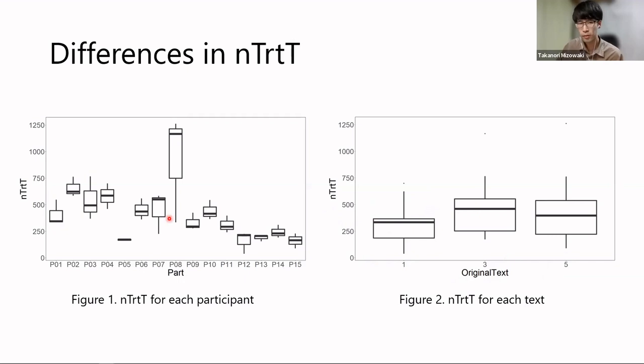Because there is considerable variation in reading time depending on the participants, and the differences among the 3 experimental texts, for example, differences in topics in each article, affect the reading time, it may be difficult to see whether the difference between the linear and nonlinear translation affects the reading time.